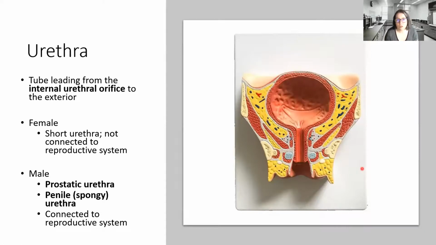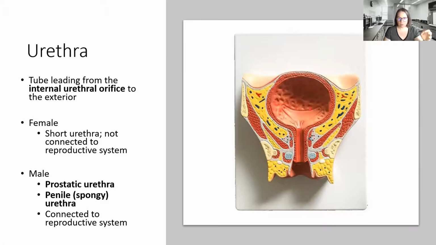So here is a frontal view of a female bladder and urethra. This is not a model that we have, but it's a really good one for talking about the exit of urine. So we have the trigone right here that we can see. That's the internal urethral orifice and our two ureteral entrances.